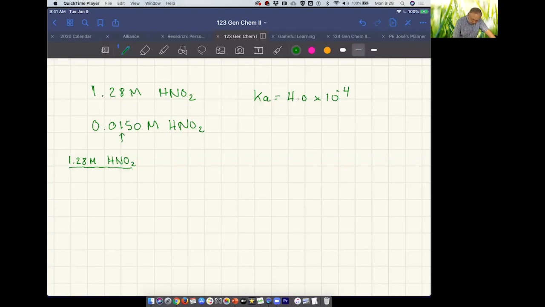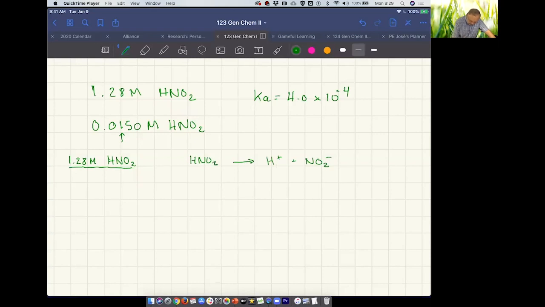So we're going to say that the RICE table is going to be, let's do it here, HNO2 dissociating to H plus and NO2 minus. Notice that this time I didn't put the water, because the water kind of gets in the way. I don't need to write it for the RICE table, because I will ignore the water anyway. So I'm going the shorthand way of talking about H plus.